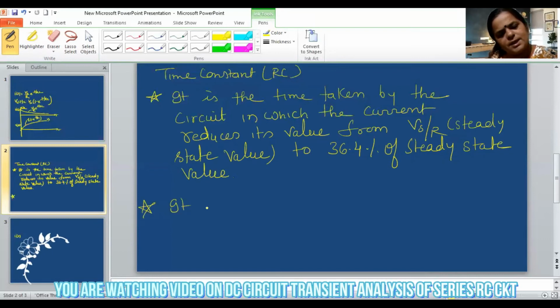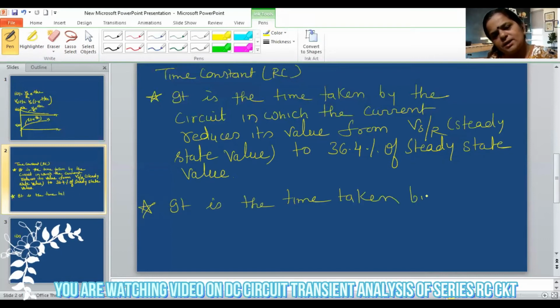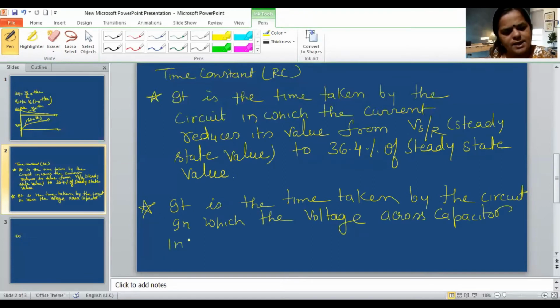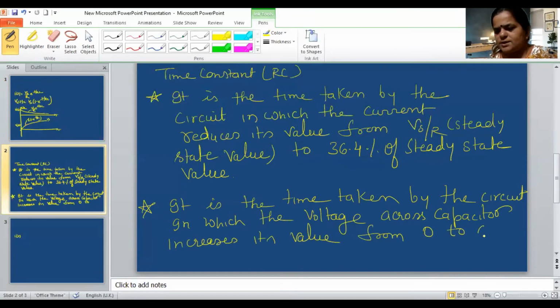Or it is the time taken by the circuit in which the voltage across the capacitor increases its value from 0 to 63.6% of the rated voltage, that is Vs.